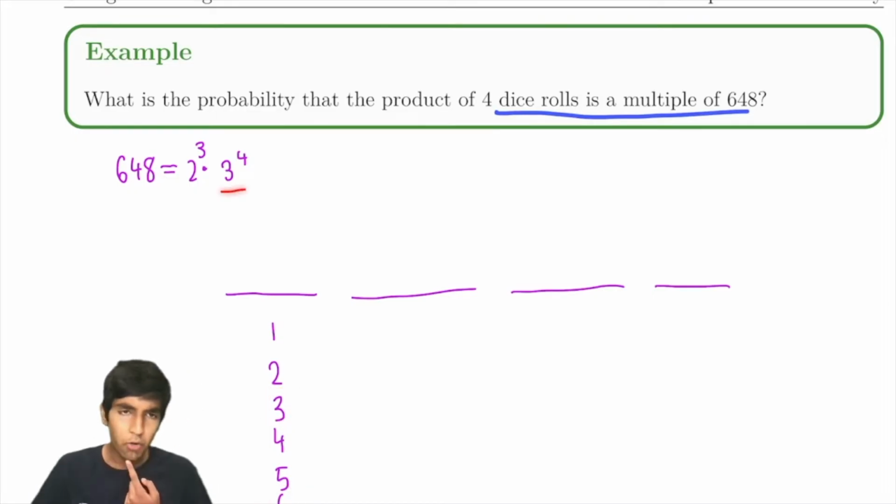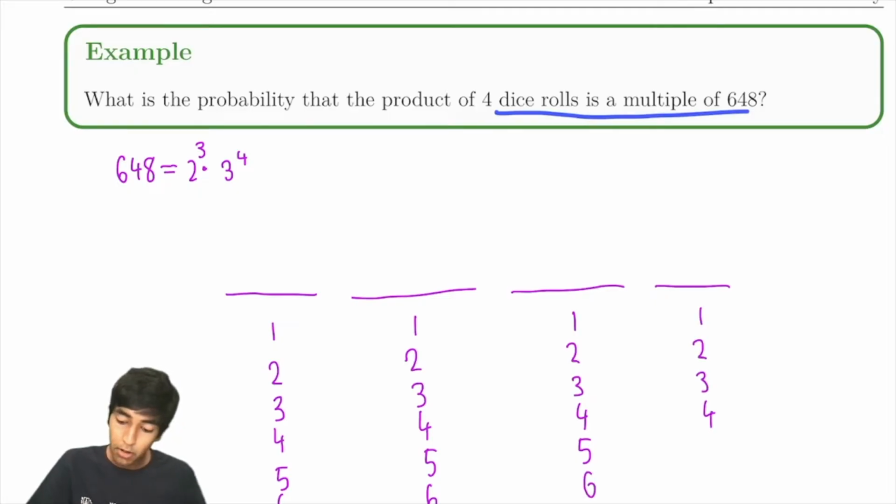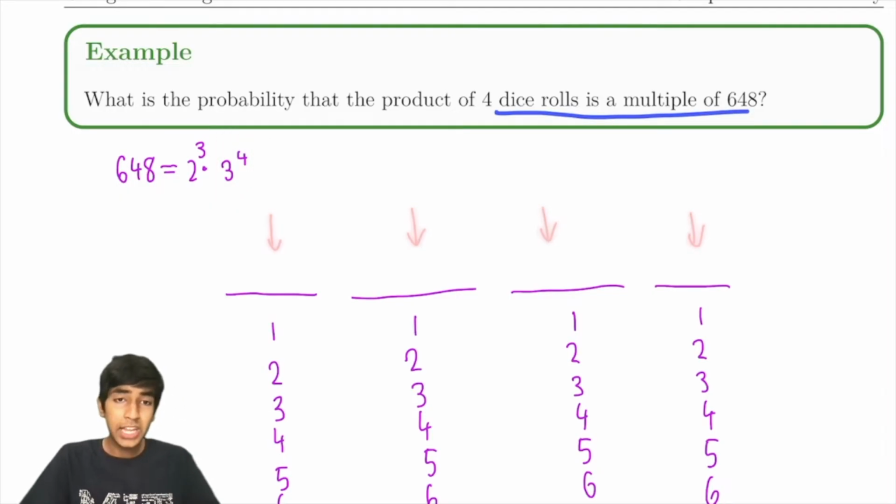Oh, but the product of all 4 numbers is 3 to the 4th. So is it even possible to have a number that's not divisible by 3 as one of our dice rolls? No, actually. Why? Because if any one of these 4 numbers rolled from the dice is not a multiple of 3, then the product will not be a multiple of 3 to the 4th. Each of these dice rolls can be either a multiple of 3 or not a multiple of 3.